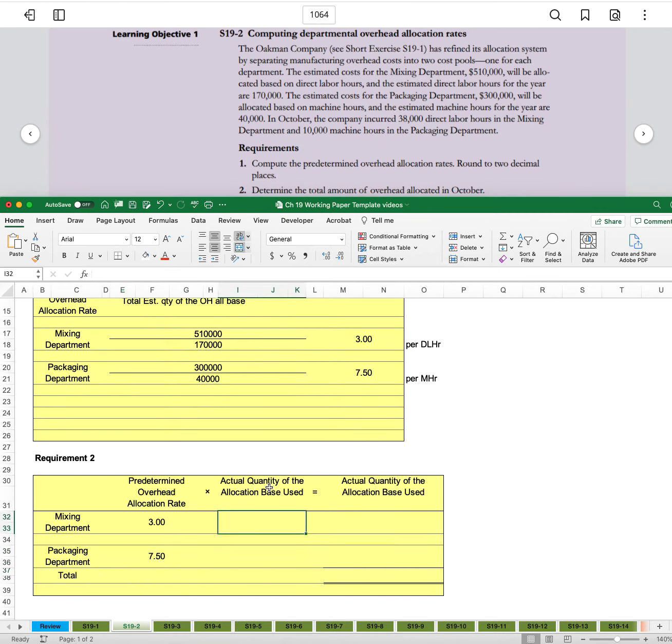Now the actual quantity of the allocation base used for the mixing department, it says 38,000 direct labor hours and 10,000 machine hours for the packaging department, and then we just multiply our rate times the quantity, rate times quantity, and then we'll add these together for total overhead allocated of $189,000.